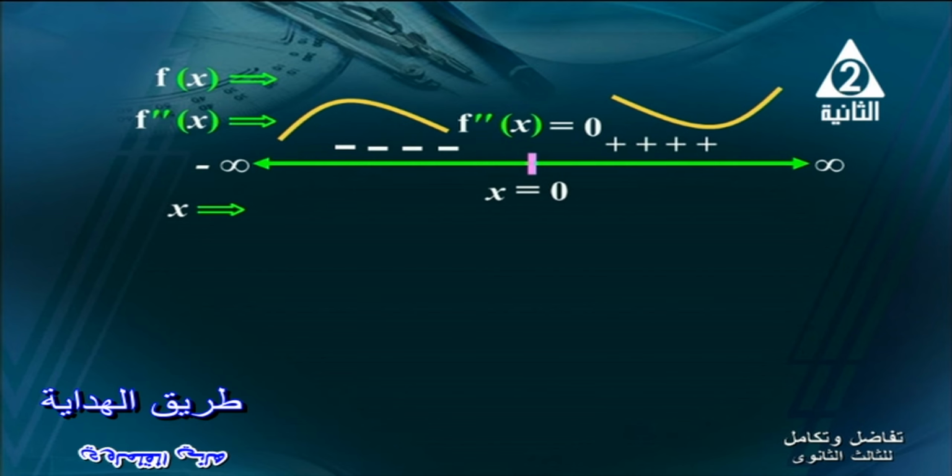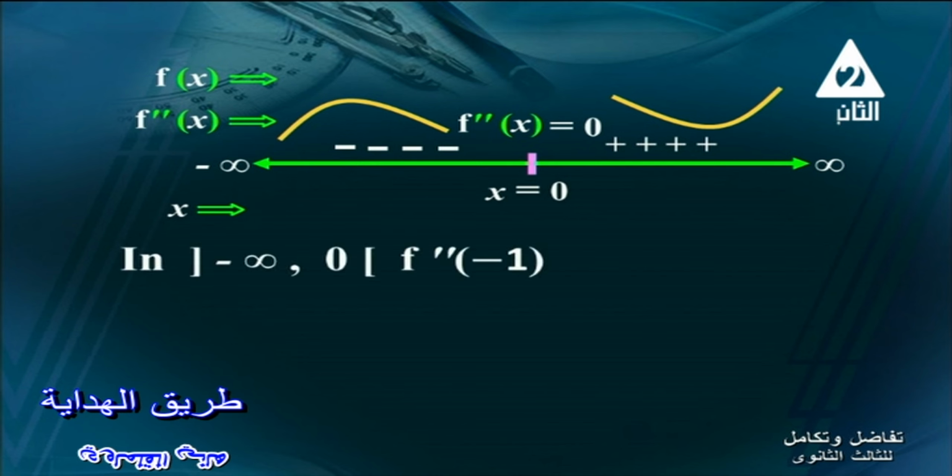Now, on the number line we have two intervals. The first interval is the open interval negative infinity and 0. Take f double dash of negative 1, since negative 1 belongs to this interval.